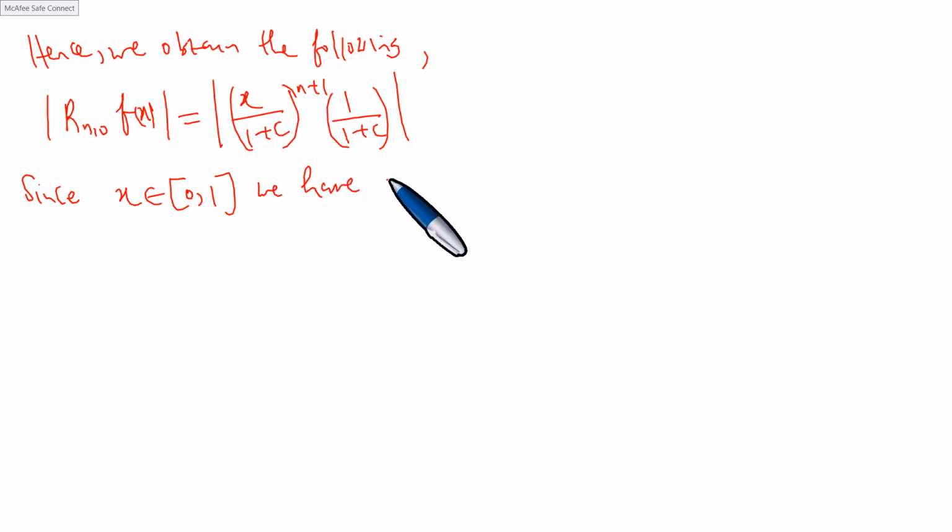We have 0 less than c. The c lies between 0 and 1 because x always lies between 0 and 1 for this kind of series. From the notion of a geometric series from school, the convergence of this series requires that our x lies between 0 and 1. And so if you take c, you add 1 to it, it's going to be bigger than 1.